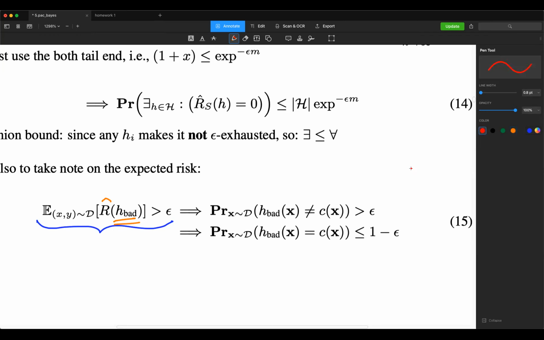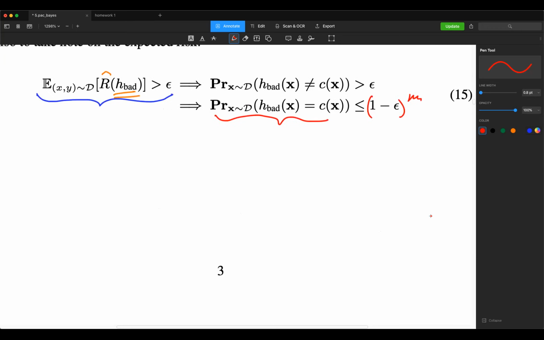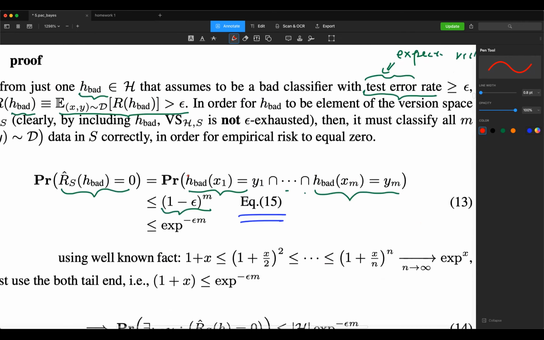Okay, cool. So you know that for a single data point to have a correct prediction is at most this probability. And if you have m data, it should be raised to the power of m. So that's how I get this: 1 minus epsilon raised to the power of m.